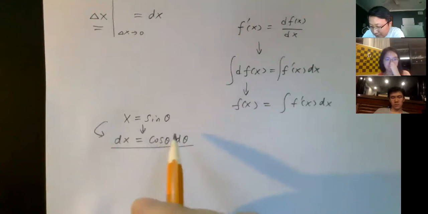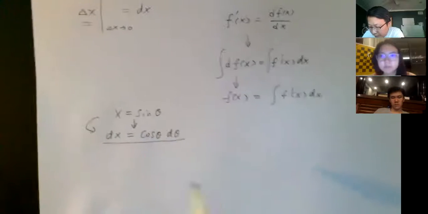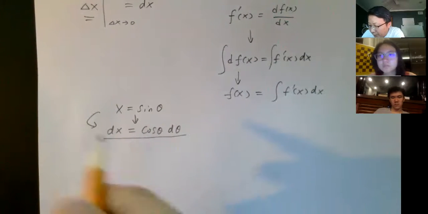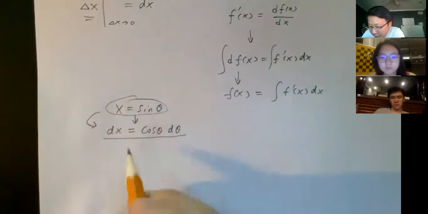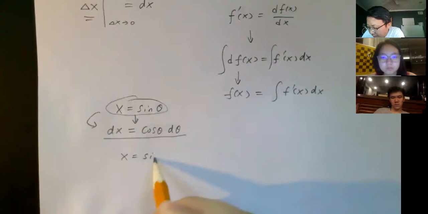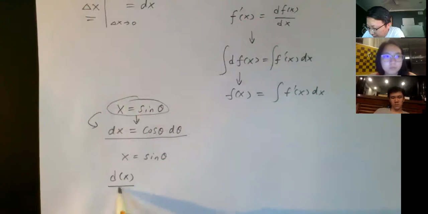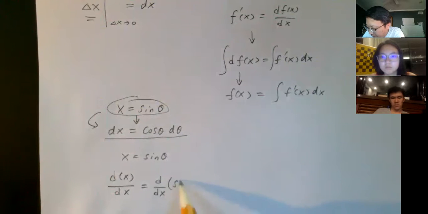So why this is true? If you really read this one as a function, right? x is a function of theta, right? So I can do dx d theta, which means I can do this kind of derivative.